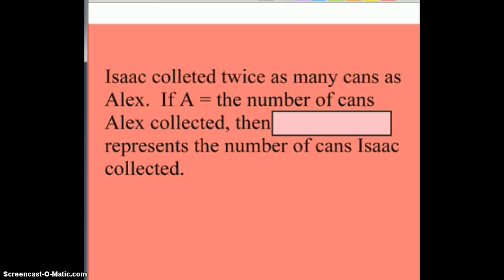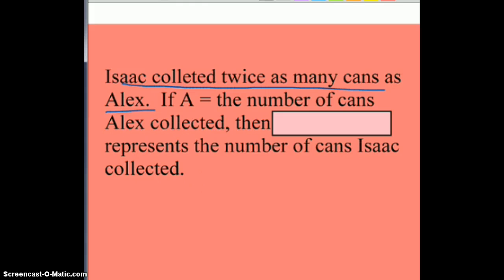Go ahead and read our next one with me. Isaac collected twice as many cans as Alex. If A equals the number of cans Alex collected, then what represents the number of cans Isaac collected? Isaac collected twice as many as Alex. How many did Alex collect? I don't know.